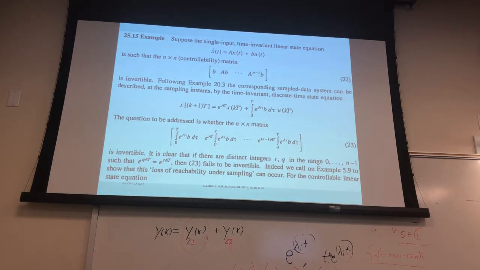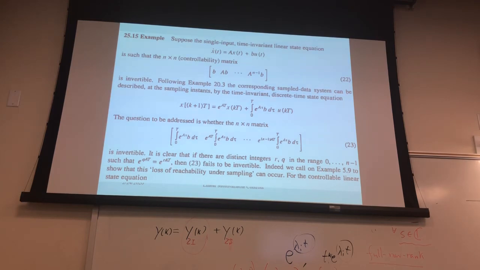This is my B, and the e to the power of AT is here. We hope this is invertible. On the other hand, if you can find any two numbers, R and Q, in this range that make this one equal, then this will not be invertible, it will lose rank.